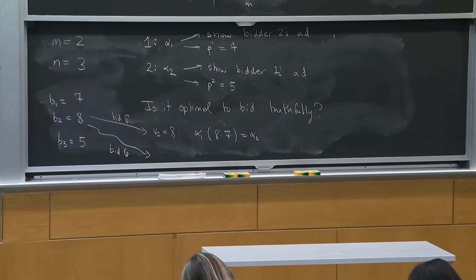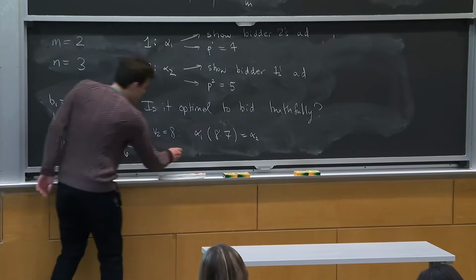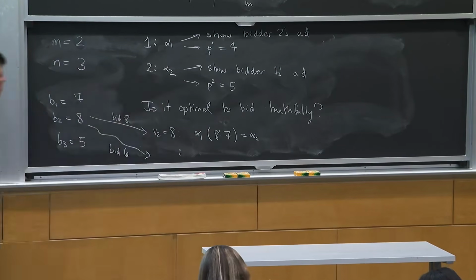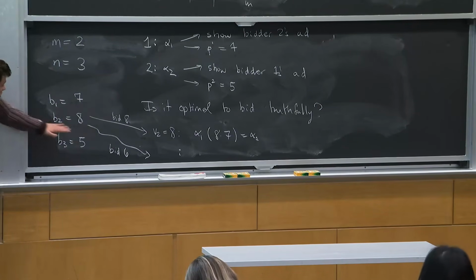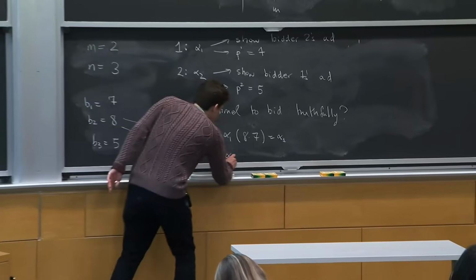Well, now what's going to happen? Now what's their expected payment? Well, if they bid 6, where is their ad going to be shown? It'll be the second slot, right? If they bid 6, bidder 1 is going to get the first slot. Bidder 2 is now going to get the second slot. So they're going to get alpha 2.